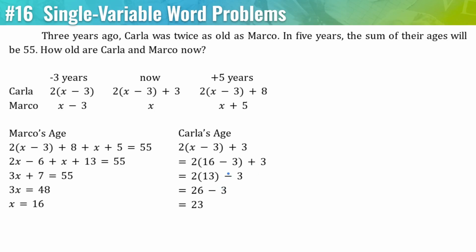Sorry, I wrote 23 earlier. This is a typo. So it's always important to double check your signs. Another way you can double check is to check here for their past ages. So x minus 3 is 13, so you should know that here Carla is 26 plus 3, which is 29.